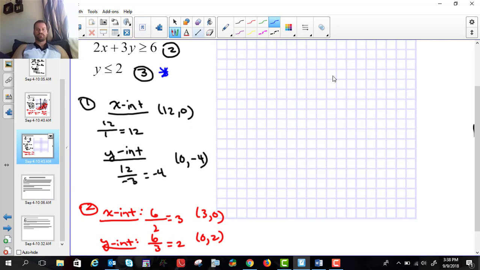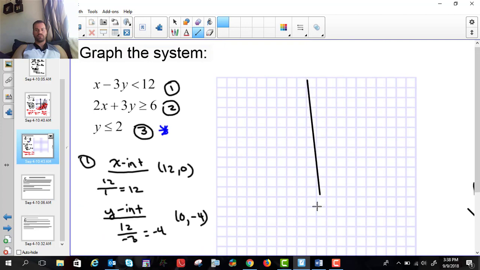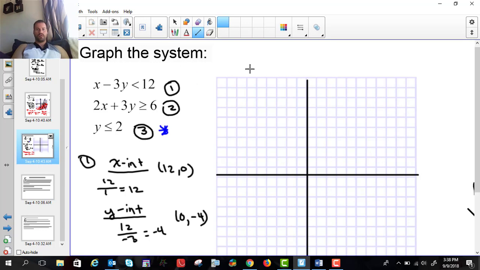So I'm going to put my axes in here. So I'm going to go, here's my y-axis, here's my x-axis, and when I label these, whoops, I'm going to just put a scale on here, and in order to put the scale on, I have to look at these numbers.